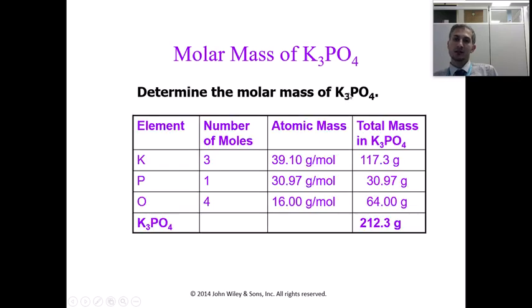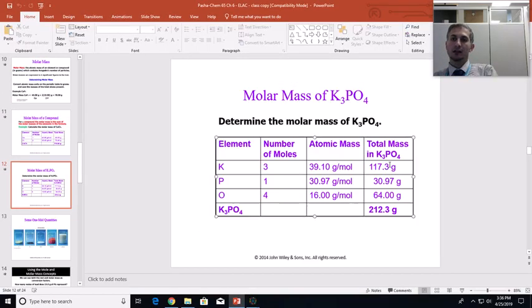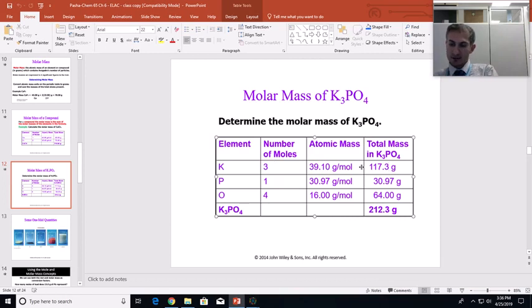3 potassium, 1 phosphorus, and 4 oxygen. So you need to multiply the numbers for each element and add the numbers. Here, I'm going to correct this one for you guys. So here 39.10, if we multiply, we should have 2 decimal places. 2 decimal places for the next one, 2 decimal places for the last one.